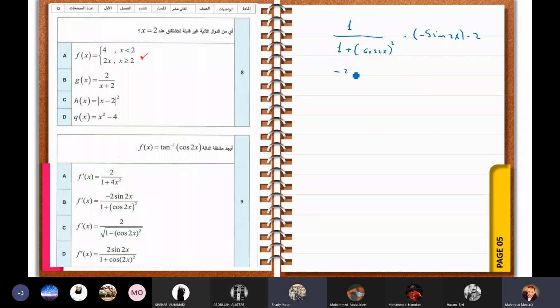So we have negative 2 sine 2x over 1 plus cosine 2x squared.